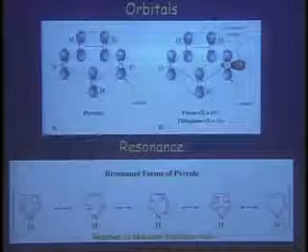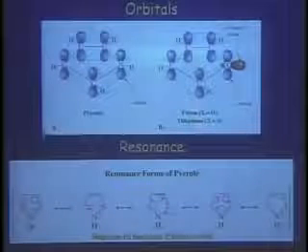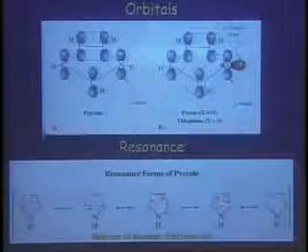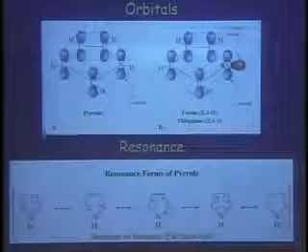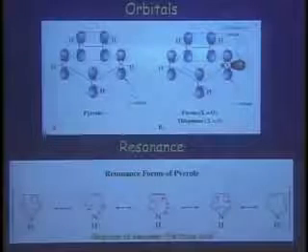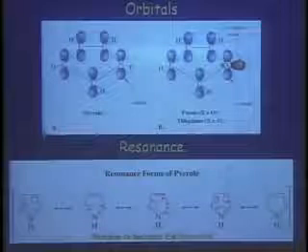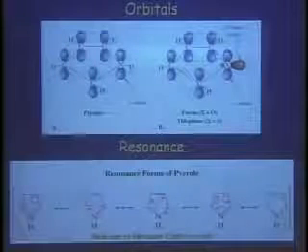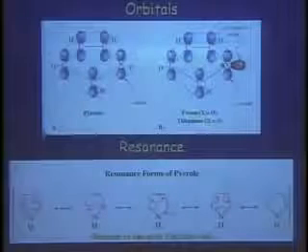So starting from here, for example, to go all around the ring, that puts a plus here, the double bonds here, and a negative charge here. You can move this electron pair in here and this electron pair out. That gives you this dipolar structure, which is equivalent to that, obviously. Left versus right carbon bears the negative charge. And then you can do it again. It puts the negative charge here, and then again puts it here.